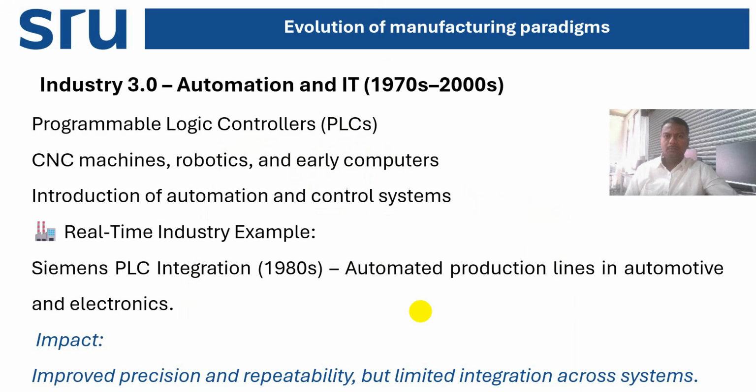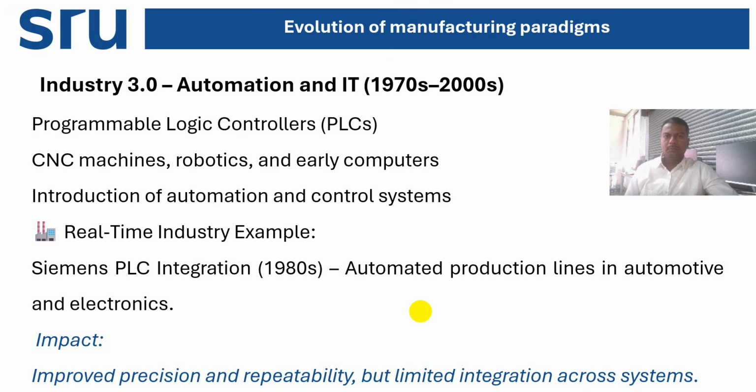After that, through Industry 3.0, automation plays a major role, especially from the 1970s to 2000, where contributions from electrical, electronics and computer science were integrated with mechanical and many other disciplines.